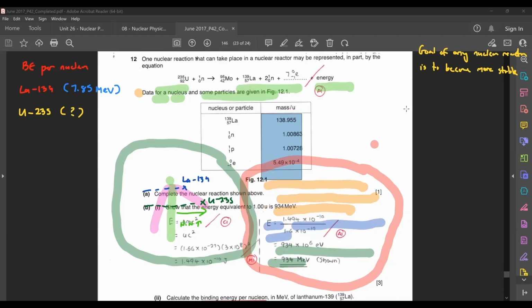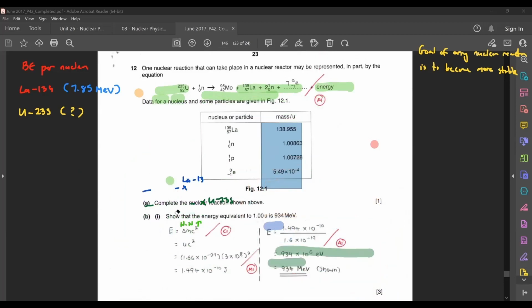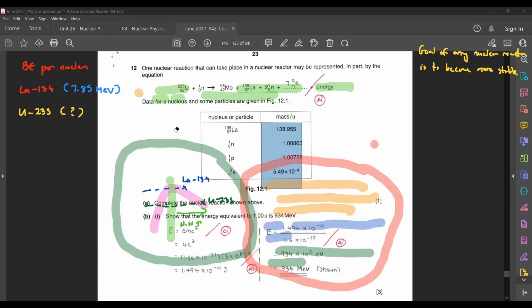So look at the nuclear reaction that you had from before, which is this one: uranium plus neutron gives you molybdenum, lanthanum, neutron, electron, and energy, right?